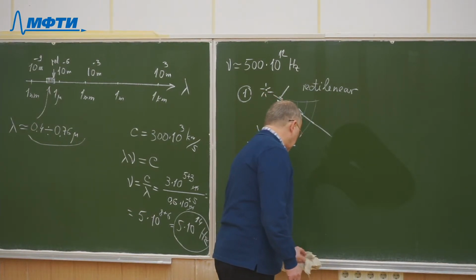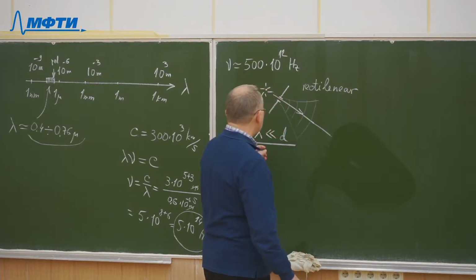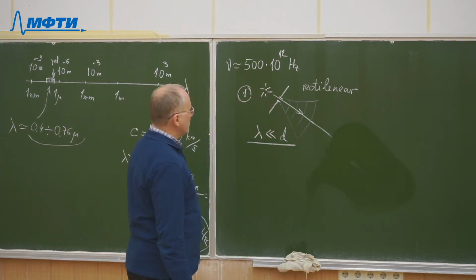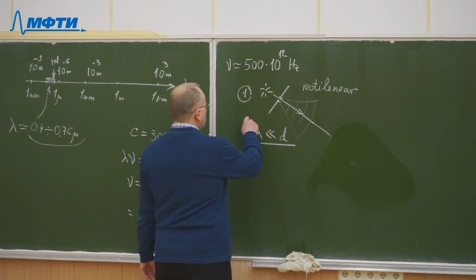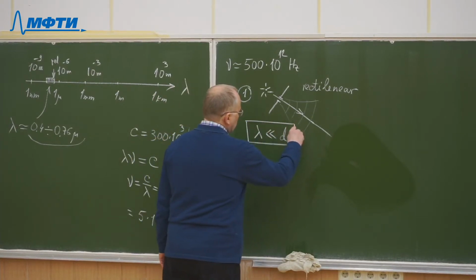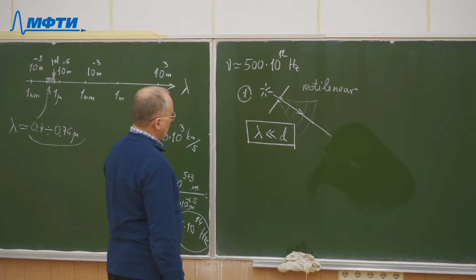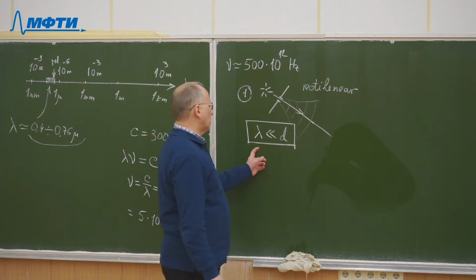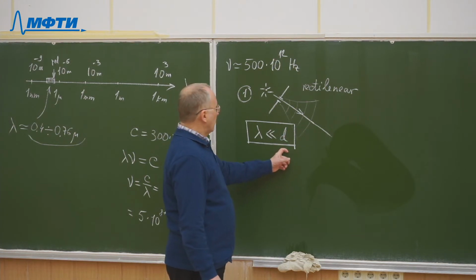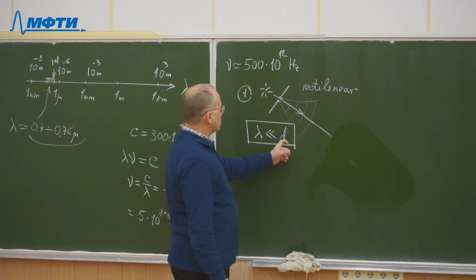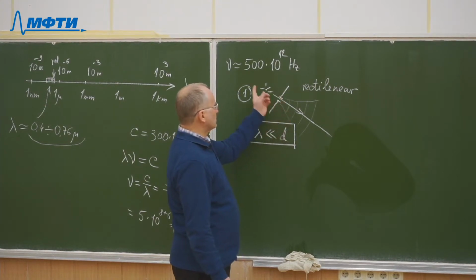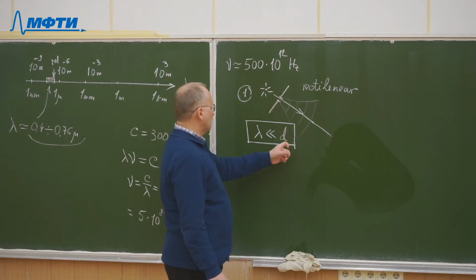Also, we neglect diffraction in the field of geometrical optics. This is the condition of application of the rules of geometrical optics. The wavelength must be much smaller than the dimension of all other objects with which light is interacting, like the diameter of the pinhole through which the light is propagating.